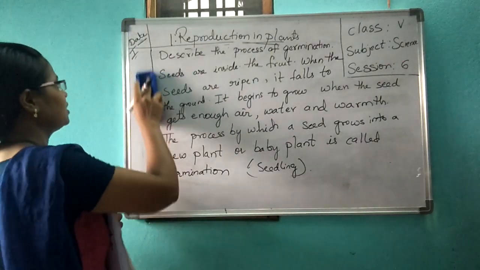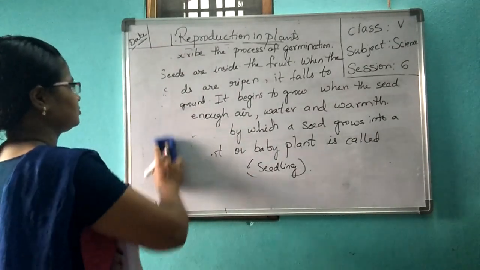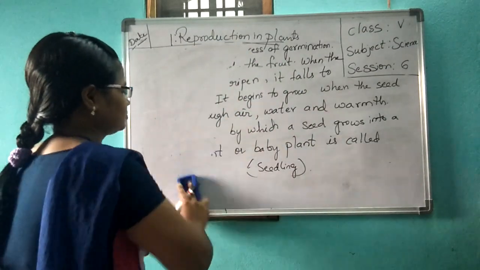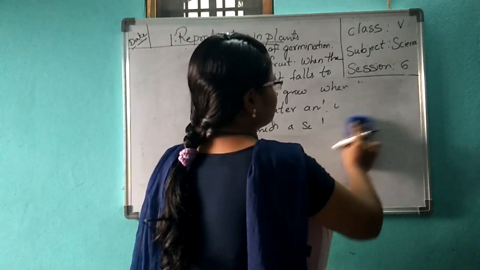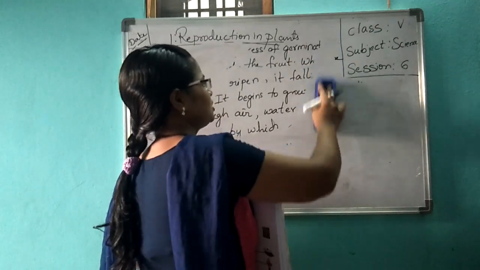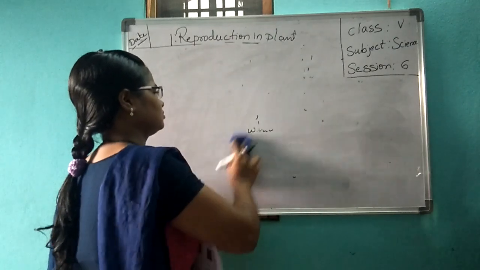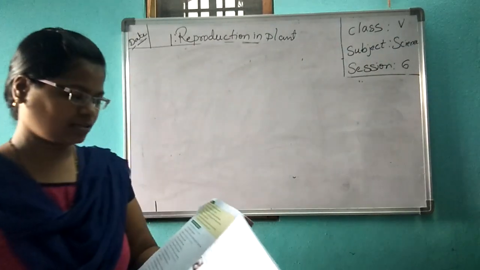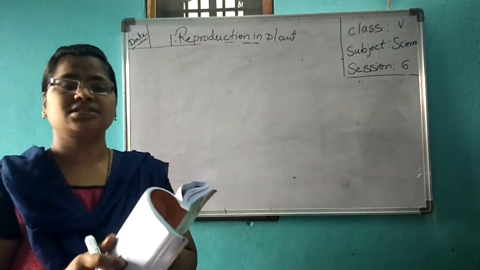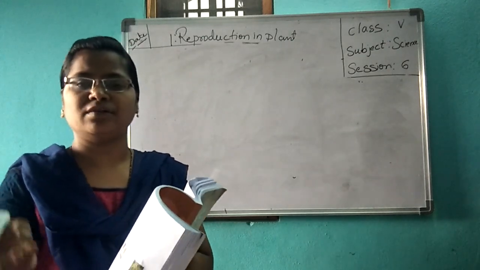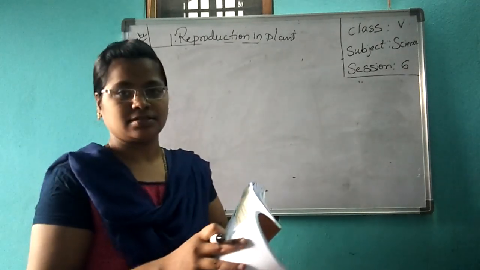Okay, I'm rubbing it, and when I'm rubbing, you read the second question. What is the second question? What is dispersal of seeds? Name the different agents of dispersal. What is dispersion, spreading of seeds? There are different ways: wind, water, air, humans, animals. Okay, we will write that answer in brief.